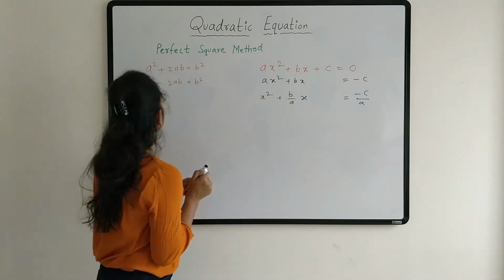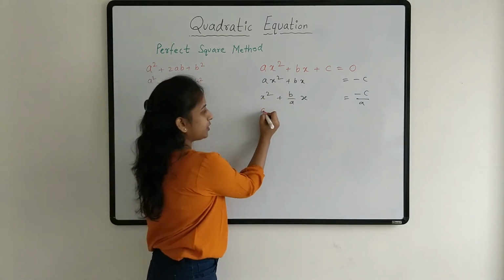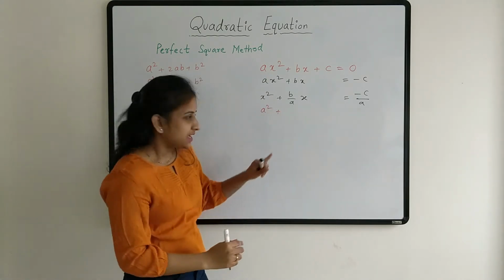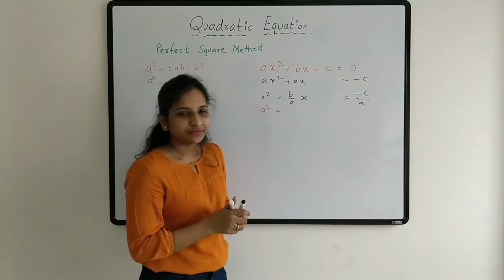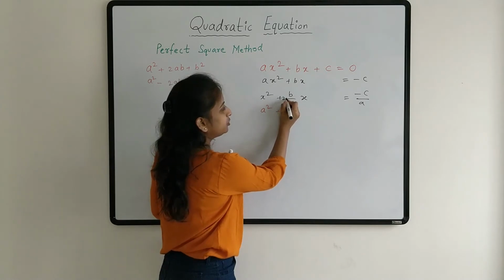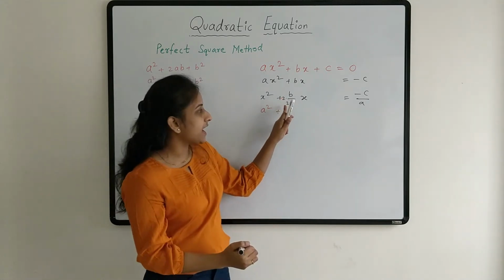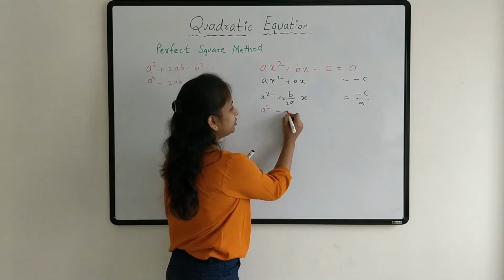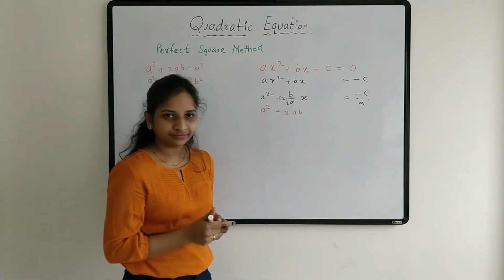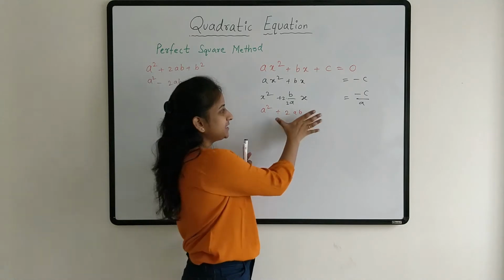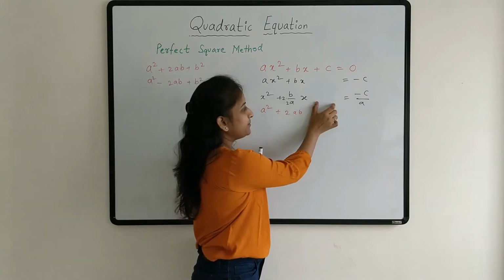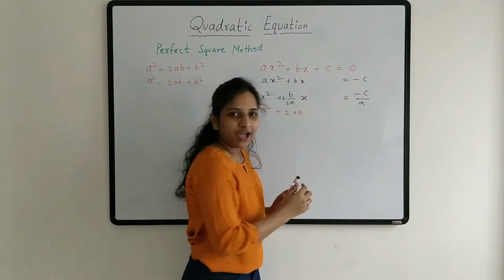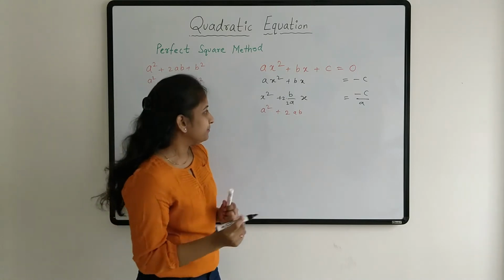Now this is like a square plus 2ab, so we can write 2 here in the numerator and denominator. So this is like the 2ab term. To make this a perfect square, we should add b square on the LHS and on the RHS.